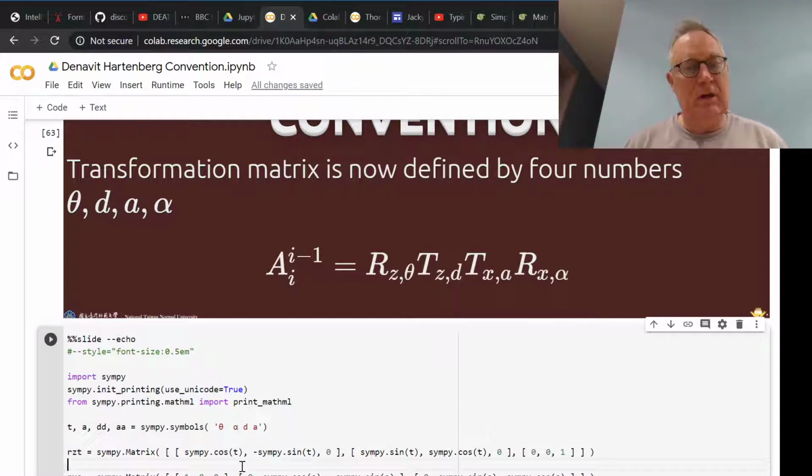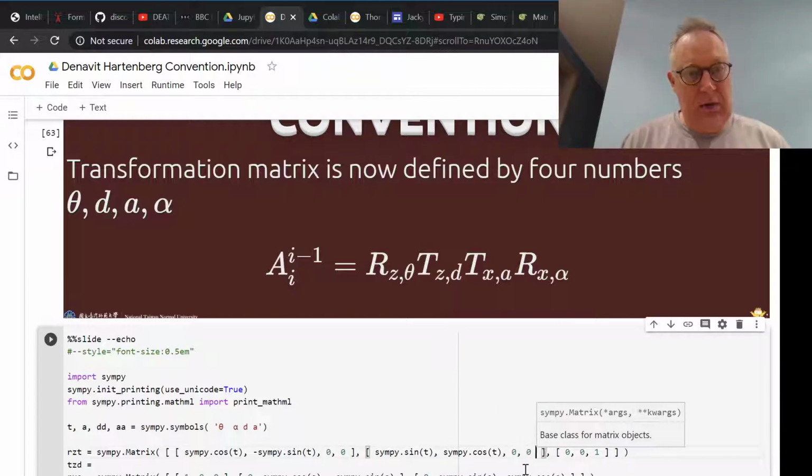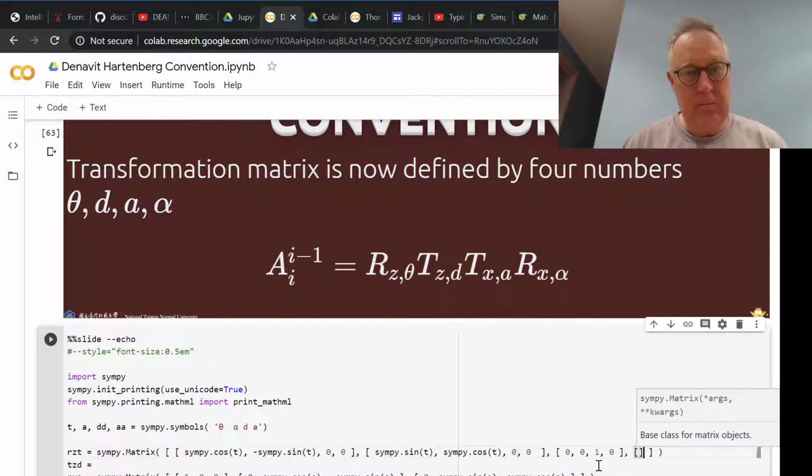So now I need to define the translation along z by distance d. And I need to have these matrices as 4x4 matrices in homogeneous coordinates. So I need to add a row of zeros and the last row, 0, 0, 1.